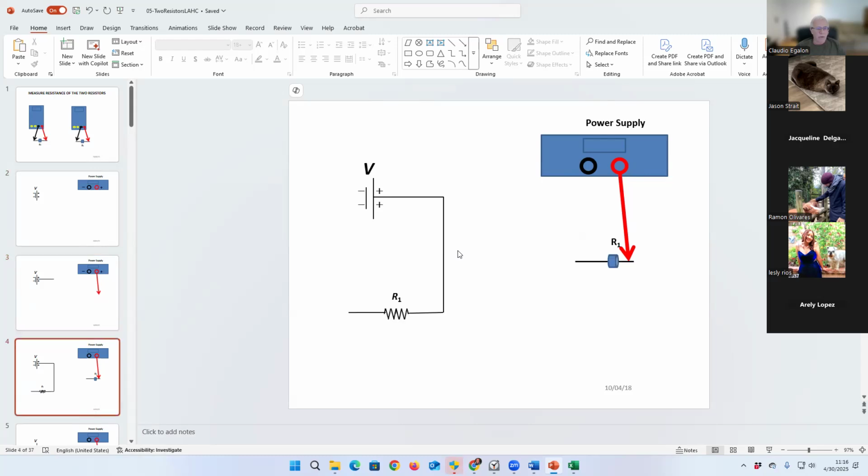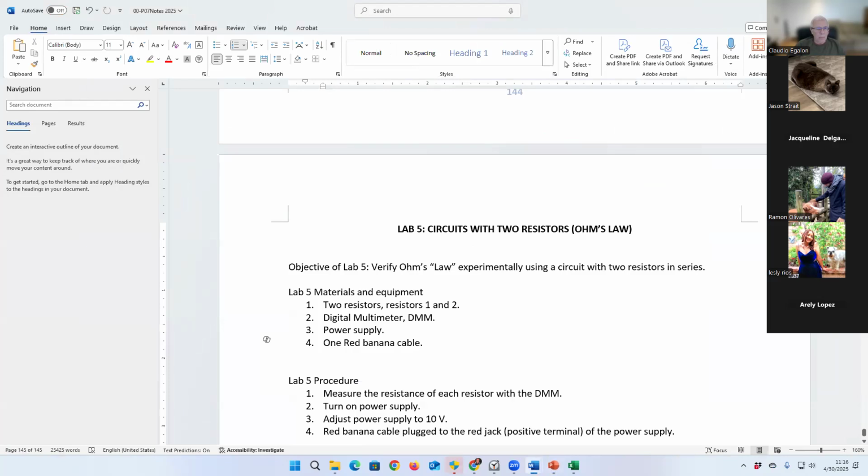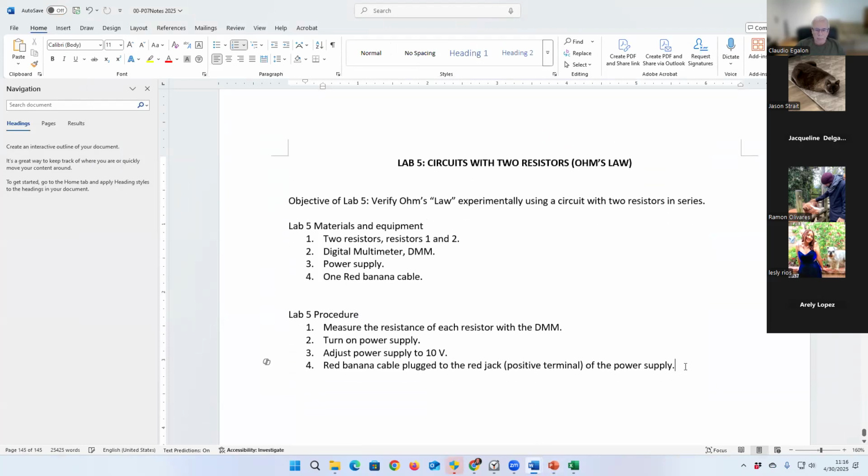And then we're going to put resistor 1 in series with resistor 2. So connect the other end of the red banana cable to one of the leads of resistor 1, and then using an alligator clip.